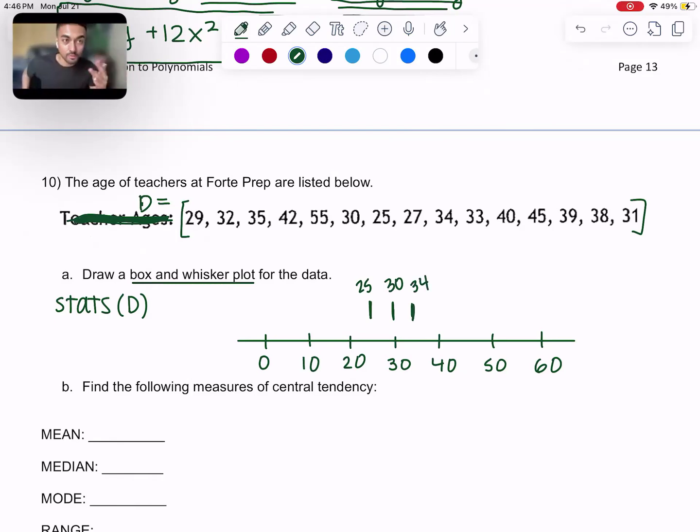So kind of in the middle of 30 and 40, a little closer to 30. Q3 is 40. And the maximum is 55. So right between 50 and 60. Connect Q1 to Q3 in the middle and draw your tails, your whiskers, to the minimum and the maximum.